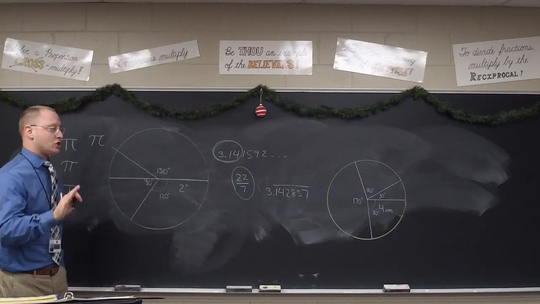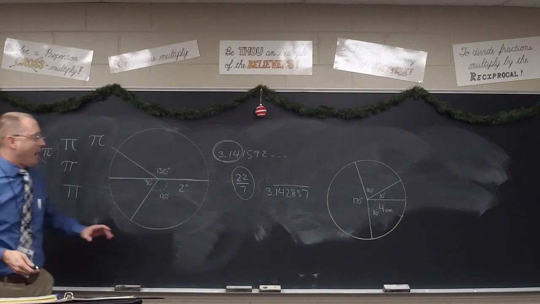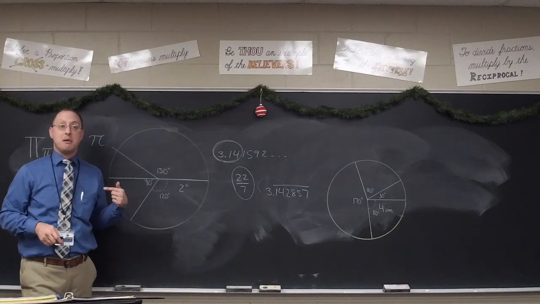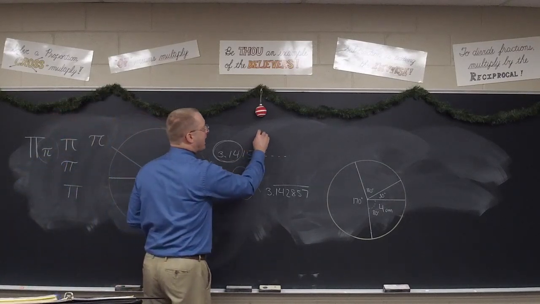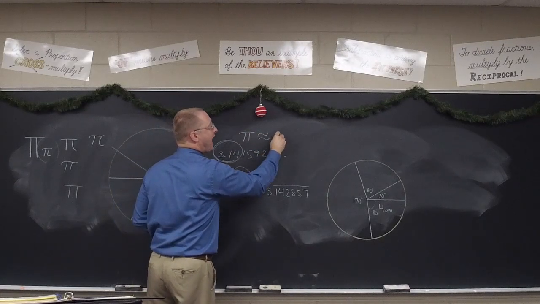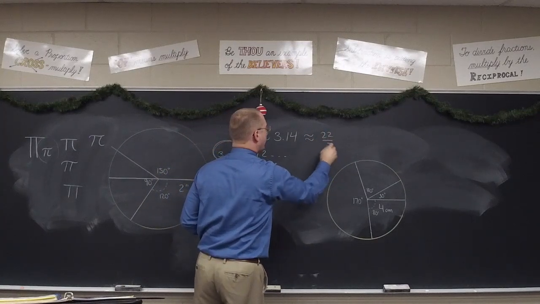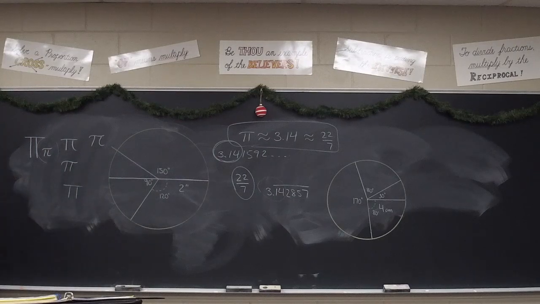Now, because that's true, when I find the circumference of a circle, I'm going to be using an approximation. So when I get my answer, is it going to be perfectly accurate? No, it's going to be approximately equal to, because pi is approximately equal to 3.14 or approximately equal to 22 sevenths. Right there in the side margin of your book, all of that content is there in the paragraphs, but it'll be easier for you to see if it's off to the side margin or up at the top of the page.